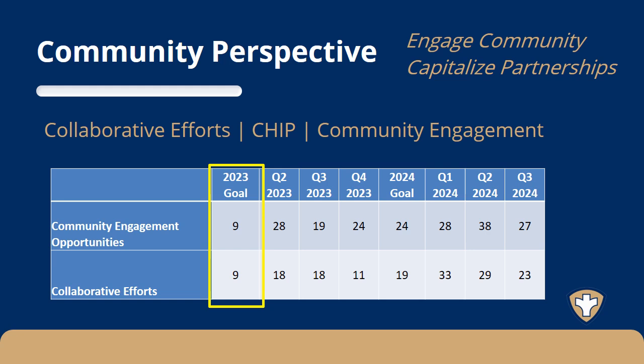So when this group reviewed the goals and moving into 2024, they decided to increase the goals to 24 and 19 for each of these measures. In doing so, the agency has as well exceeded the goals that were set for quarters 1, 2, and 3. Quarter 4 is not over yet, but the agency is set to exceed the goals for the fourth quarter as well.